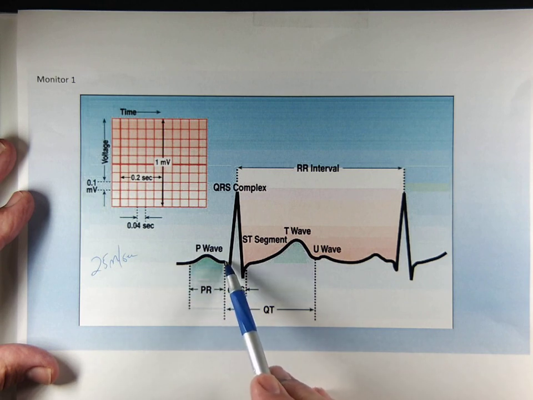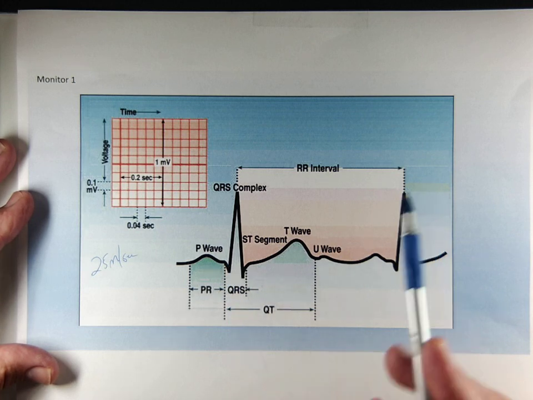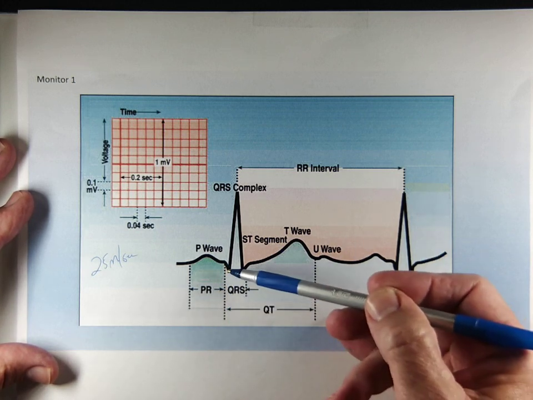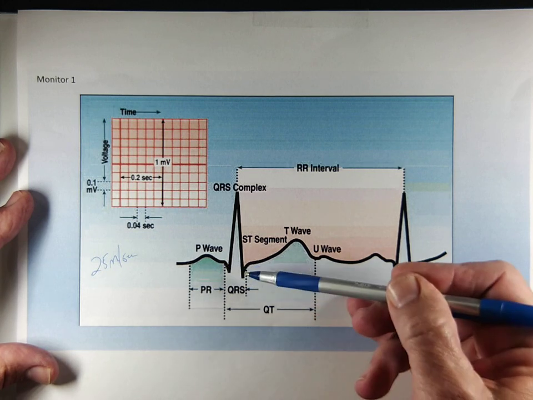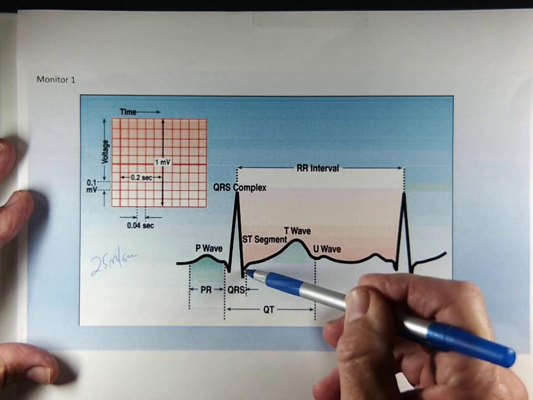The PR interval is between the start of the P wave and the start of the Q wave, or QRS complex. Okay? The QRS interval is the start of the Q wave to the end of the S wave, before the ST segment starts. Okay?